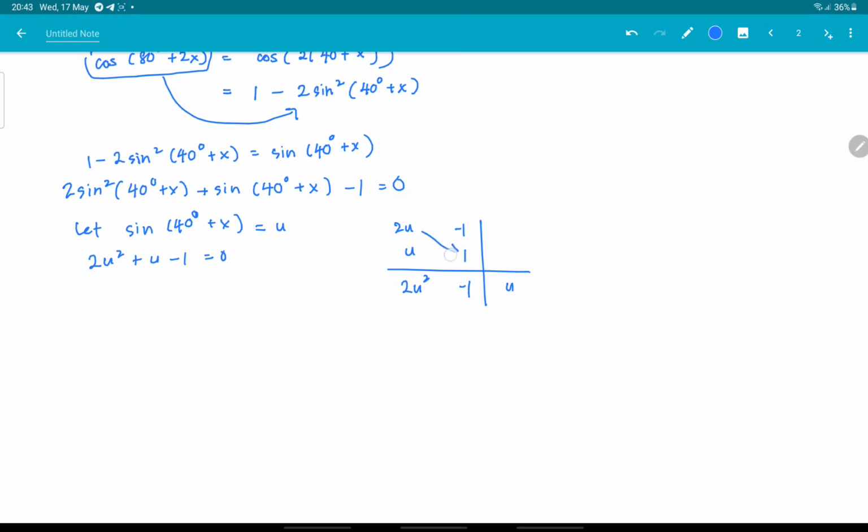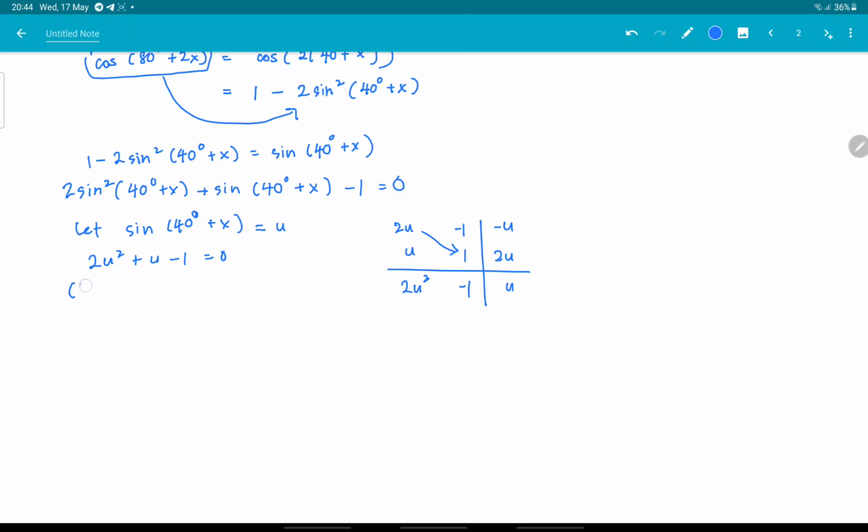So 2u multiplied with 1 gives 2u, and u times negative 1 is negative u. So we total negative u plus 2u, and we get u.